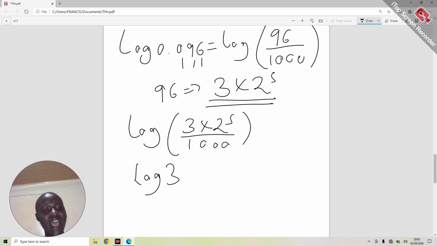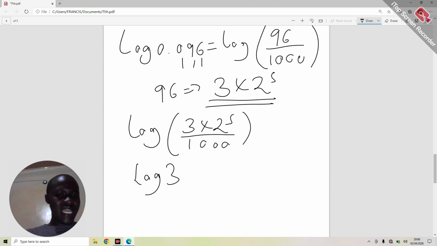Remember times there. Log A plus log B is equal to log AB. And log A minus log B equal to log of A over B. Guys, don't forget.